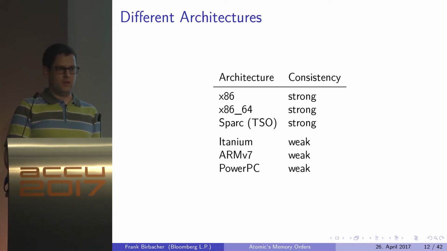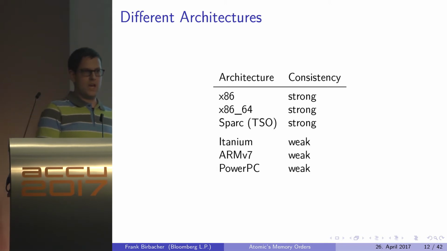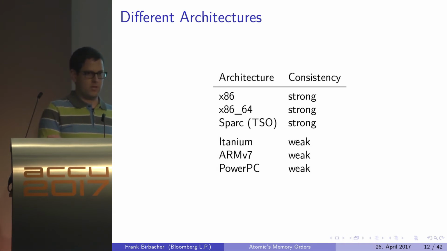That could fill a whole other talk. So I just simplify it to strong or weak. And the ARM architecture is weak. So actually, we end up with this concept that certain events can end up in a different order at the same time, basically, when viewed from different threads.